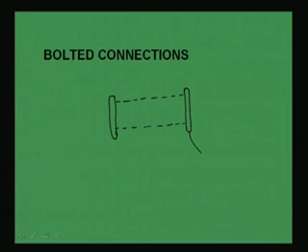Now, first let us see what notations we use in a bolt and how it looks. Let us first draw a bolt and its details. This is basically a washer. We will come to details later.